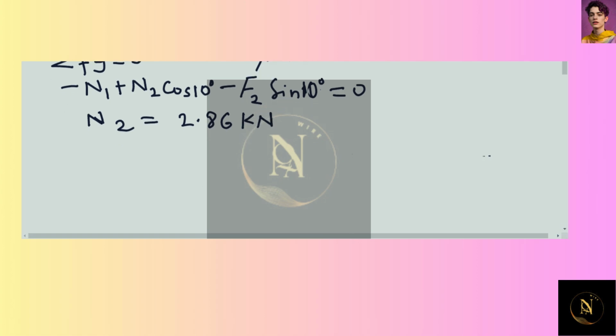Then you can consider equilibrium in the x direction for that same bottom wedge, being equal to zero. When you solve these, you're going to arrive at your P, that minimum force that we want, going towards the right, moving that wedge towards the right.